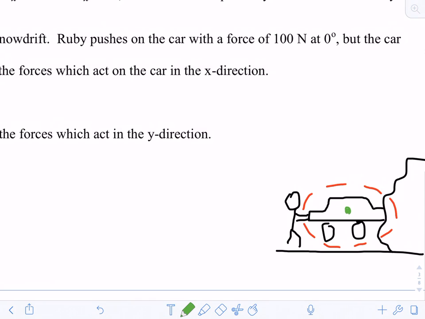Now, if we look at this car, we know that there will be a force of gravity pulling down on the car. We know that there will be a normal force from the ground pushing up on the car. We've got Ruby. She is pushing the car to the right for whatever reason.